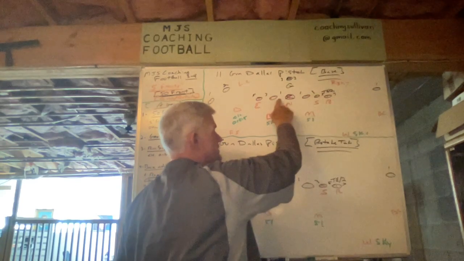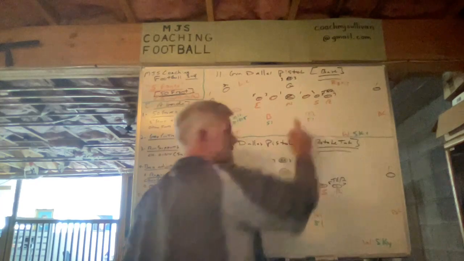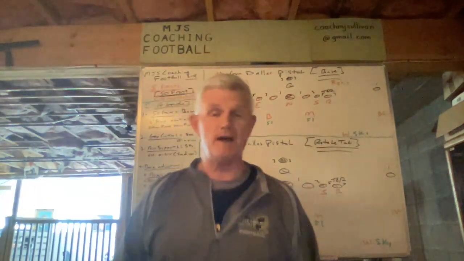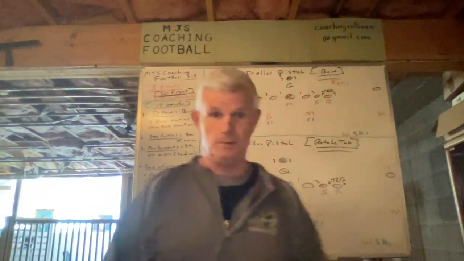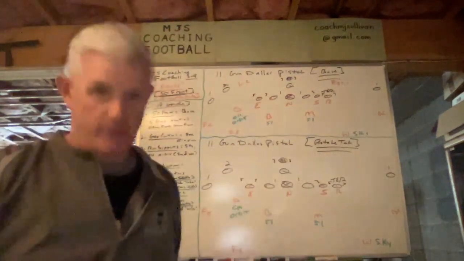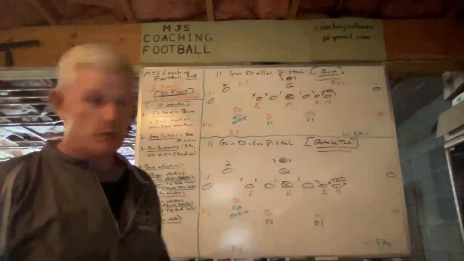So if the nose has this A gap, the backer, if he's backside, will have that A gap. And the nose loves to hear that, right? They can't be wrong. The linebacker is going to make it right. So that's our gap control, and our gap control rules stay the same for all our fronts, starting with the 50.